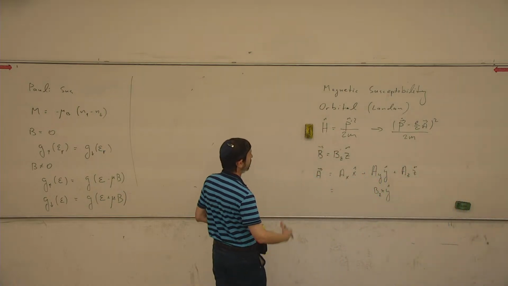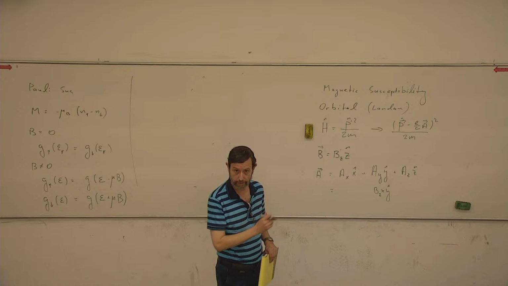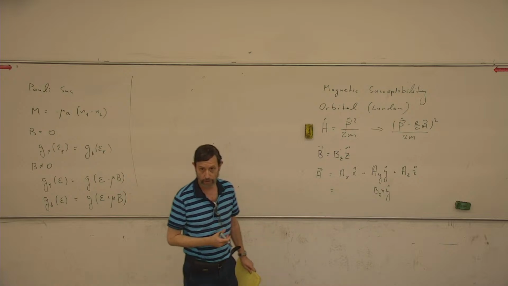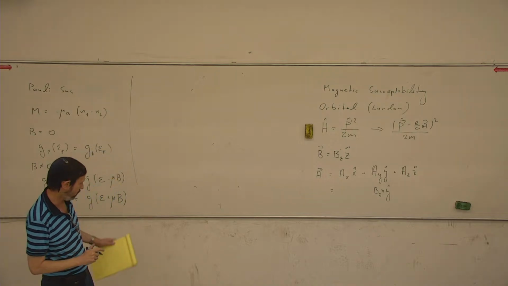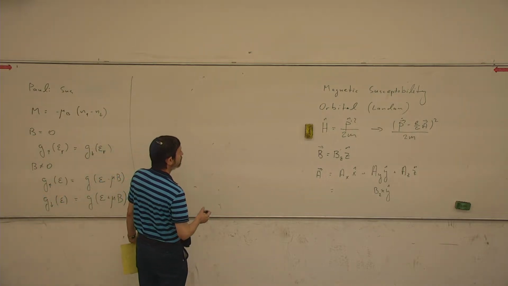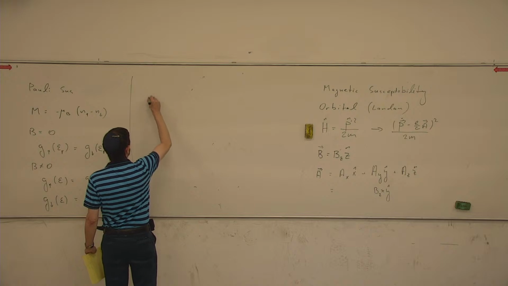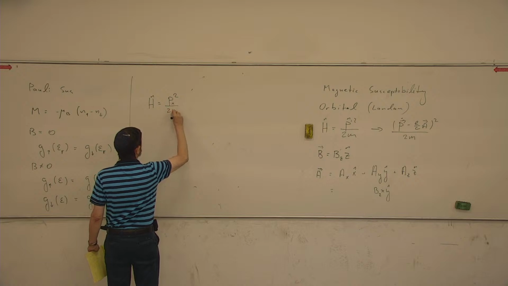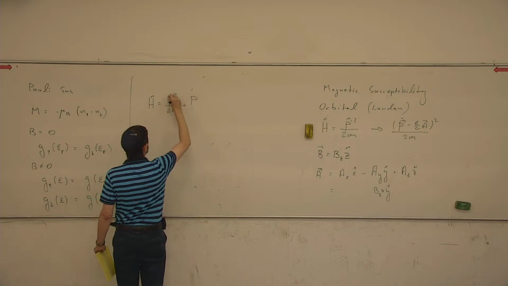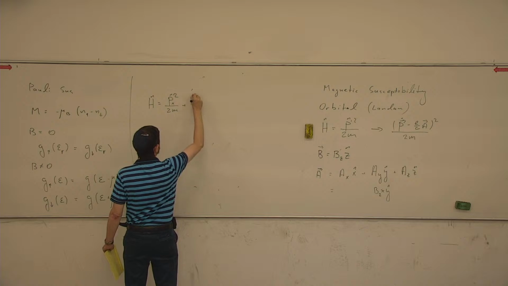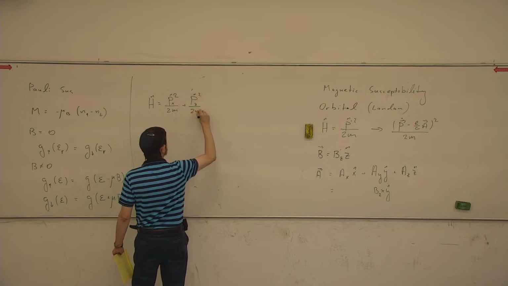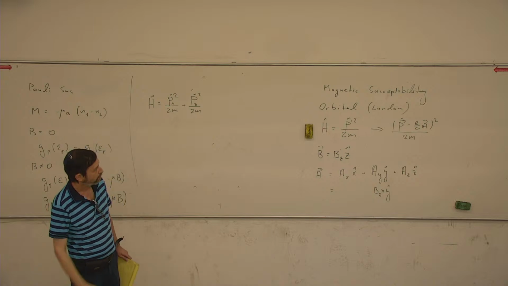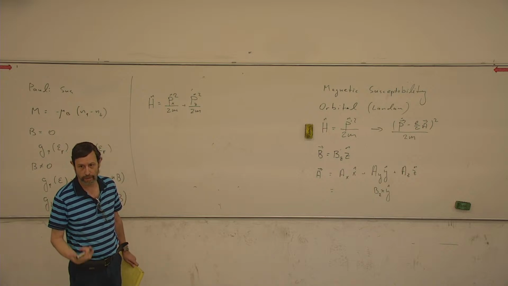So let me write down the Hamiltonian with the specific gauge, the vector potential with this gauge. Because the x component and the z component of A are equal to 0, nothing changes there.